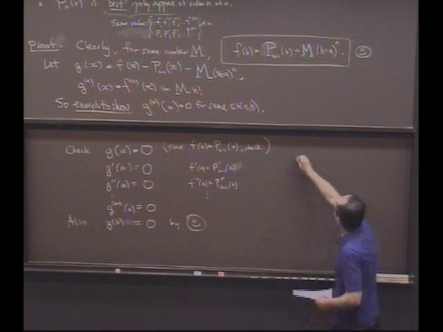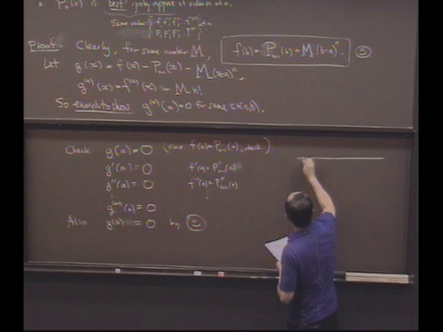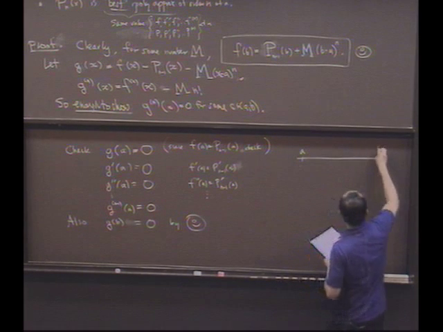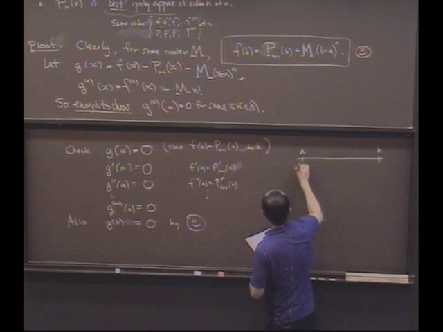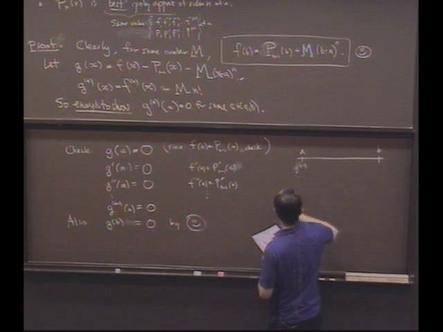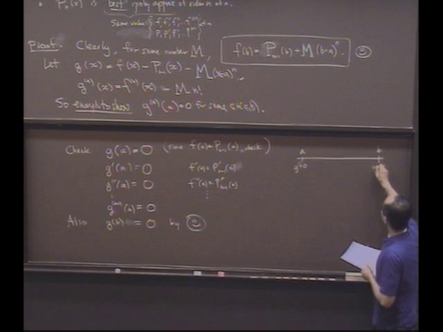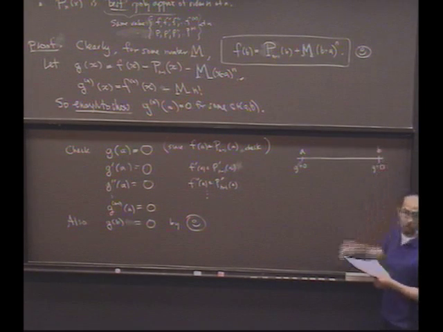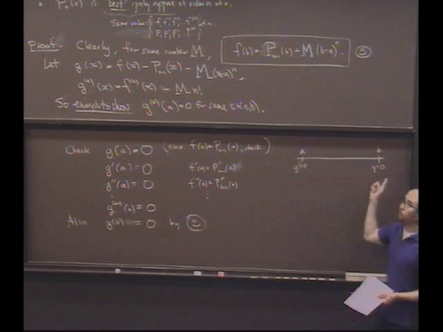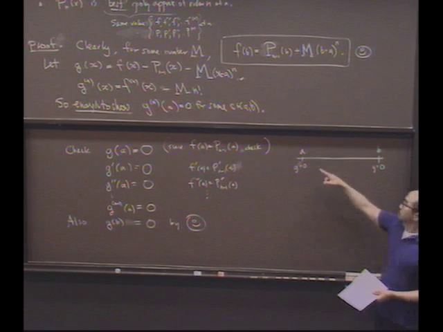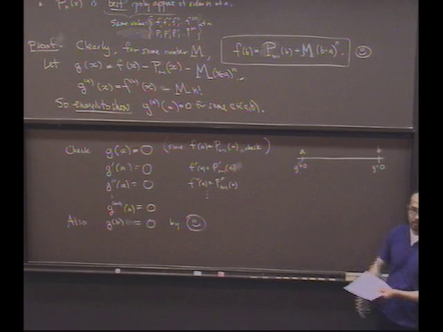Okay, so here's what I have. Here's the point a, here's the point b, and I know that at a, g prime is 0, that g is 0, right? And I know at b, g is 0, yes? So if I have a function that's 0 at both ends, then it either has a max or a min in between.